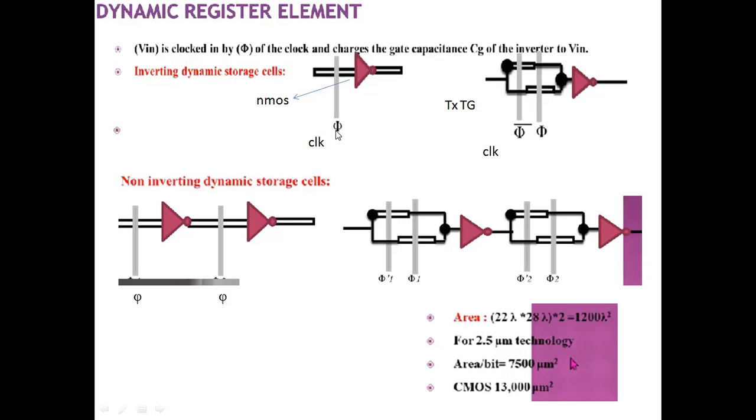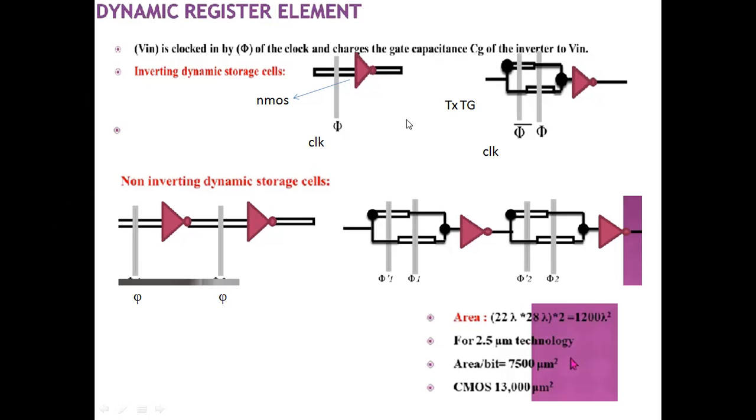Suppose I apply the clock, and if the clock is high, this transistor will be in the on condition. If the input capacitance is charged to VDD, then at the output of the inverter I can have the inversion of this input gate capacitance value.